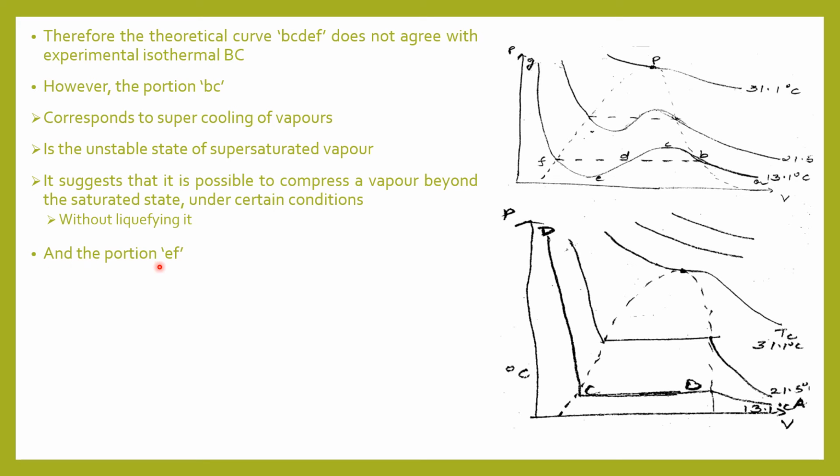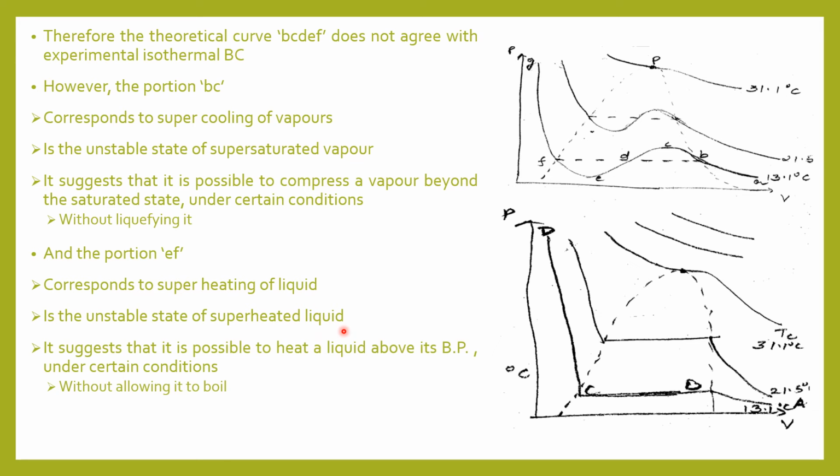And the portion EF corresponds to superheating of liquid. It is the unstable state of superheated liquid. It suggests that it is possible to heat a liquid above its boiling point under certain conditions without allowing it to boil.